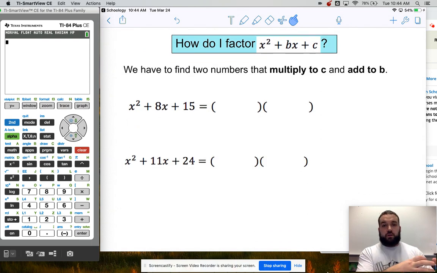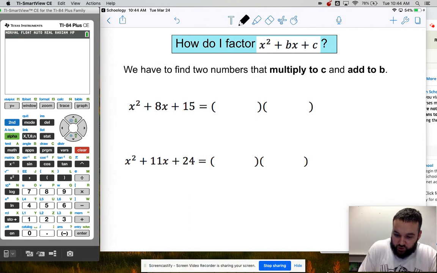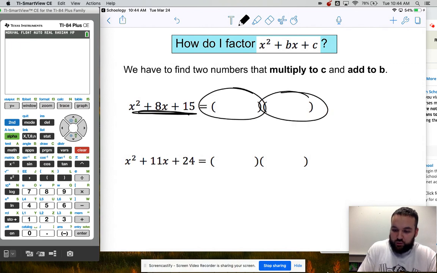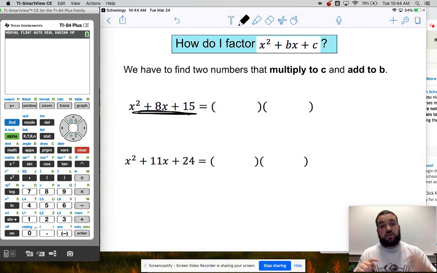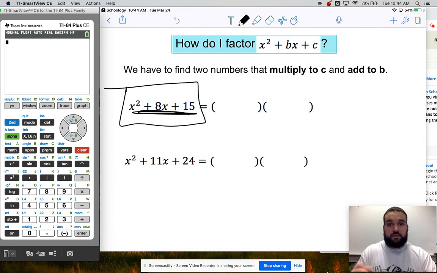Okay, so that's distribution. What we're talking about in the second half of this chapter is all about factoring. And factoring is the opposite of distribution. I have this trinomial. How could I write it as two sets of parentheses so that when I distribute, I get this thing as the final answer?